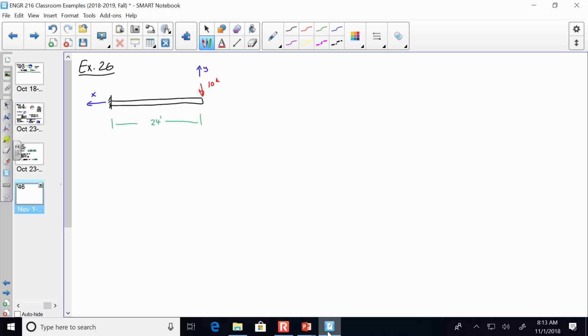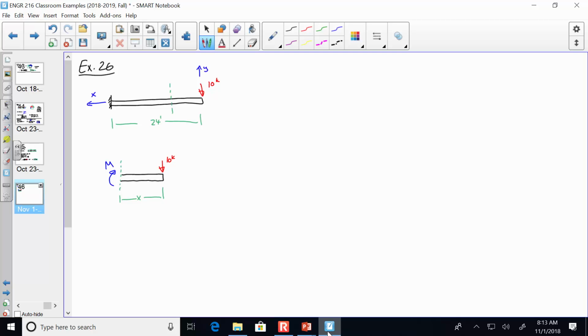And so when I cut a section and I look towards the origin, my section is going to look like this. And then this dimension is x. And what I'm after is this unknown moment inside the section.